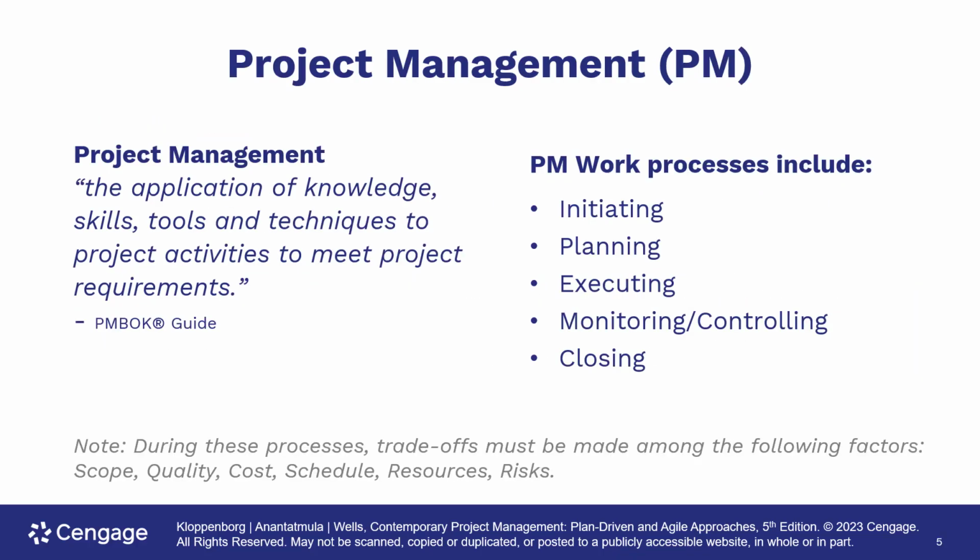So let's go over project management quickly. Project management, based off the PMBOK, is the application of knowledge, skills, tools, and techniques to project activities to meet project requirements. Again, project management is the application of knowledge, skills, tools, and techniques to project activities to meet project requirements.